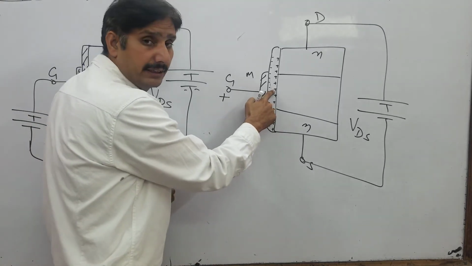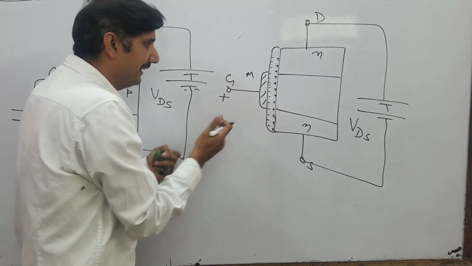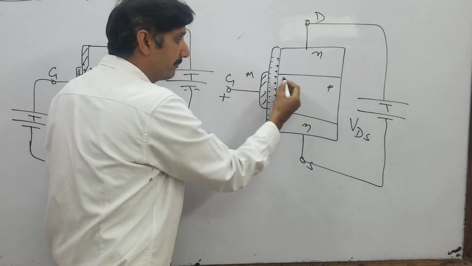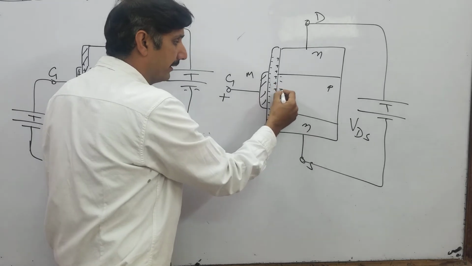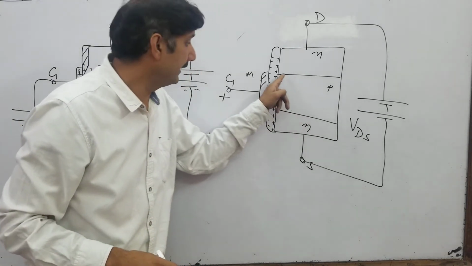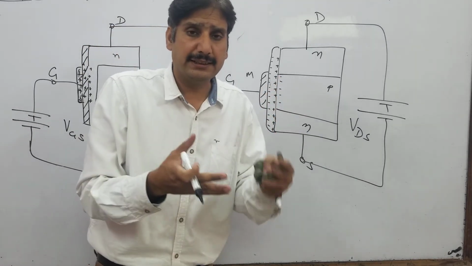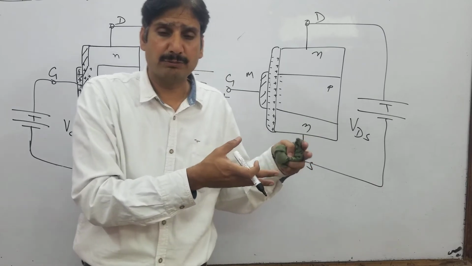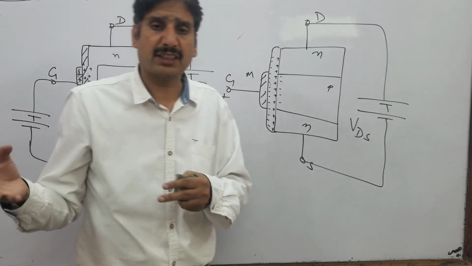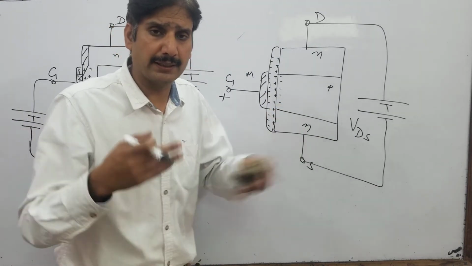This positive charge, if the voltage is sufficiently high, can attract the negative electrons from this P region. In the P region, the negative charge is appearing. That's basically the electrons from the conduction level going to the cavities of this P region, and ultimately you are building that.